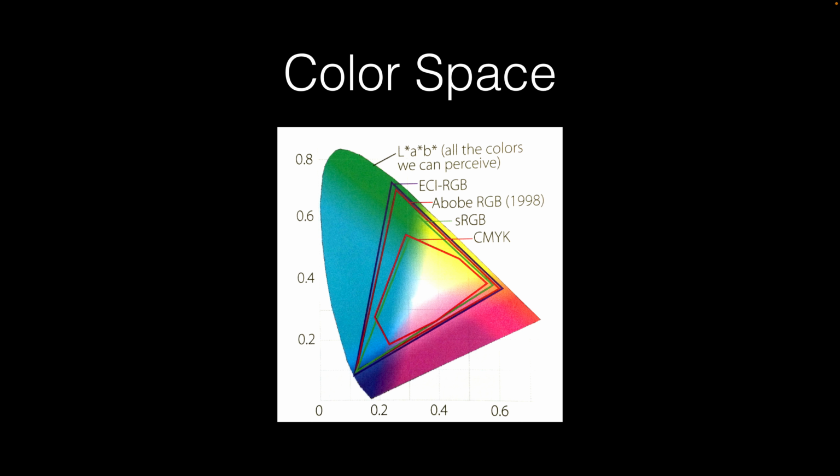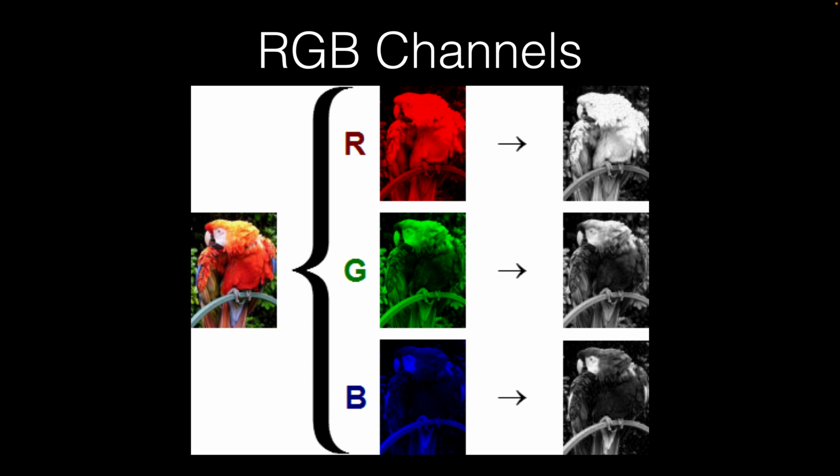You can see that it is a relatively large color space, not quite as large as all the colors we can perceive, but far larger than the sRGB color space, and even larger than the CMYK or printed color space. We'll go into more detail later in the class about color space, but right now I just wanted you to understand that what we're looking at is just a portion of visible or perceivable color.